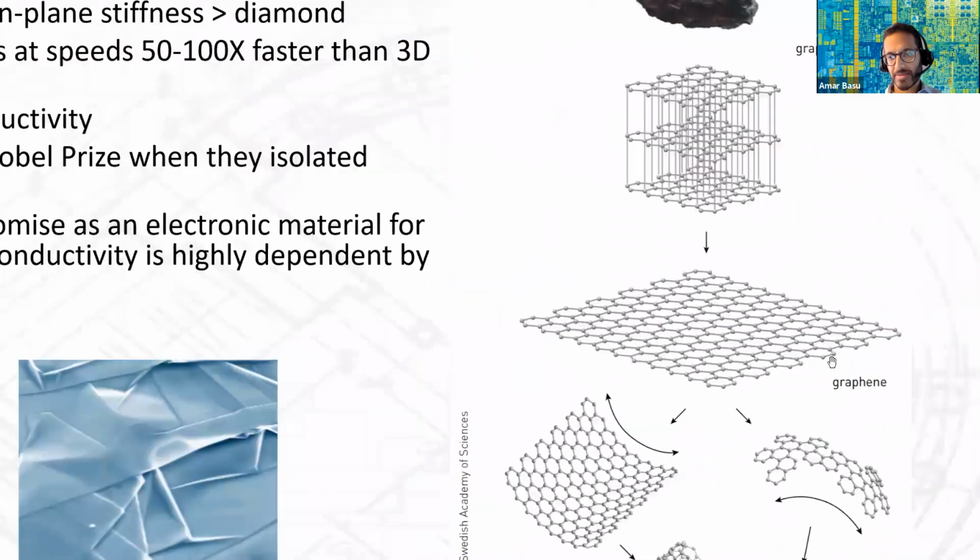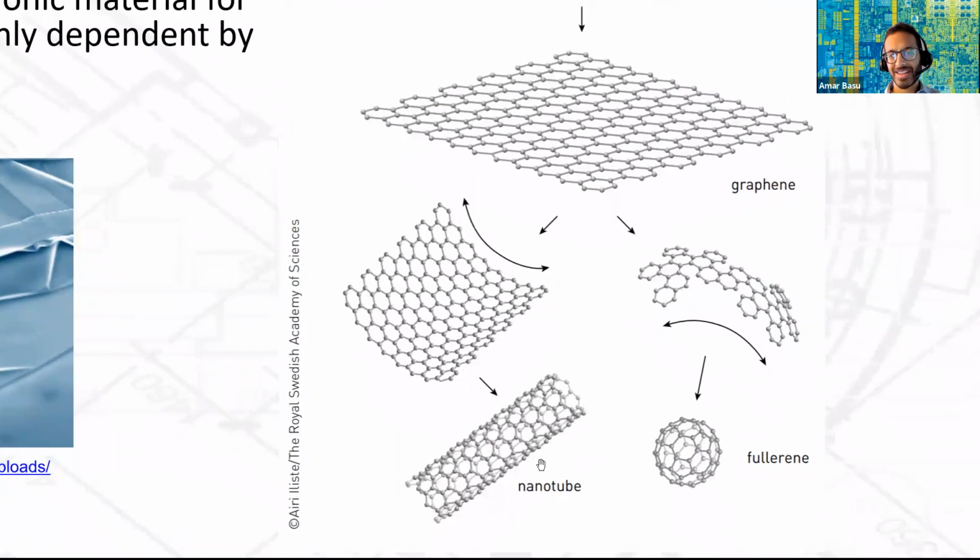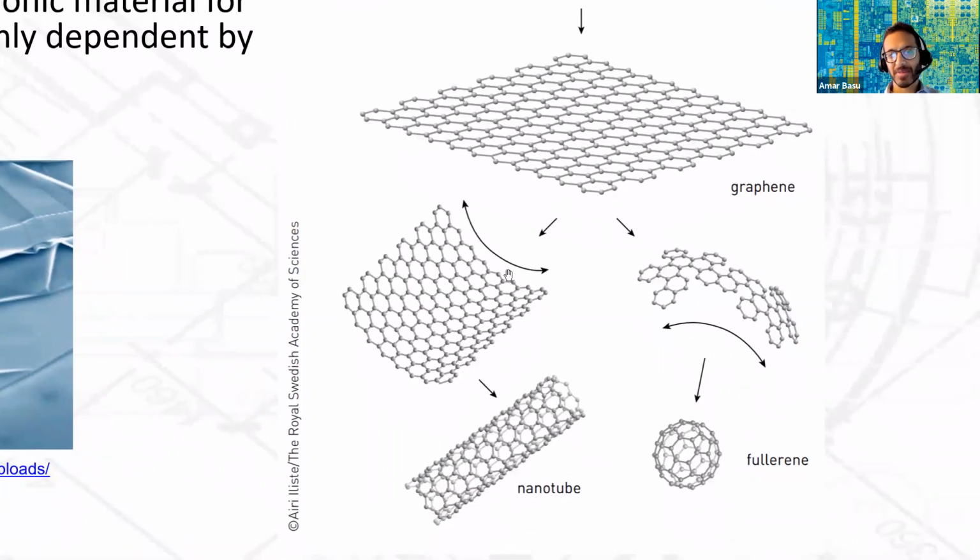Once you have graphene, a single monolayer sheet of carbon atoms, these sheets can be manipulated into carbon nanotubes. They can also be organized into spheres. The tubes are called carbon nanotubes, and if you make a ball out of it, a sphere, that is called a fullerene.